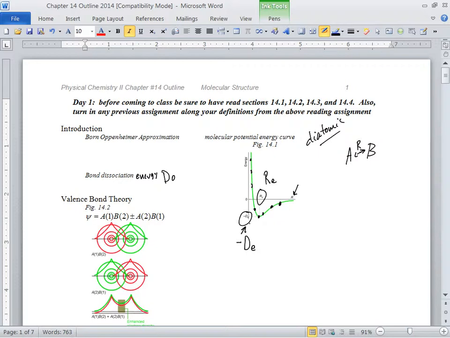What type of energy are they talking about? Potential? Kinetic? When you're doing these little plots, you fix the nuclei of the molecule and then calculate the energy. Change the nuclei position, calculate the energy. Sounds like potential energy, doesn't it?